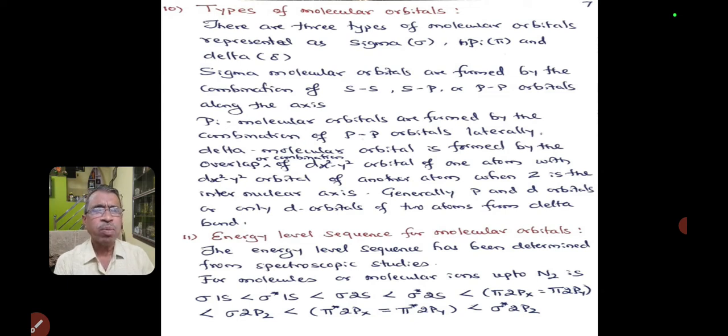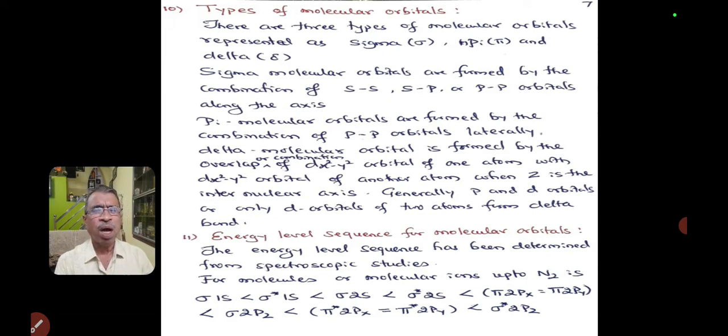For atoms or molecules having 14 electrons or fewer, the molecular electronic configuration will be as shown below.